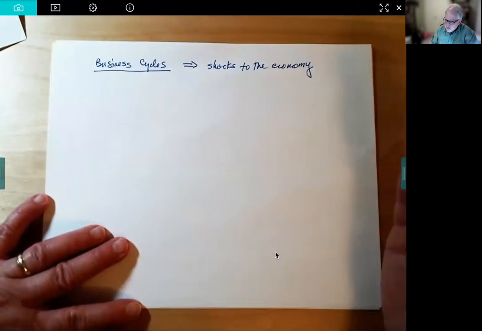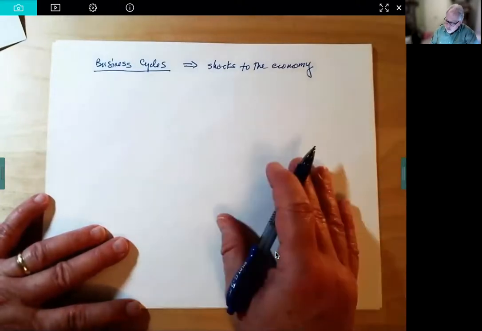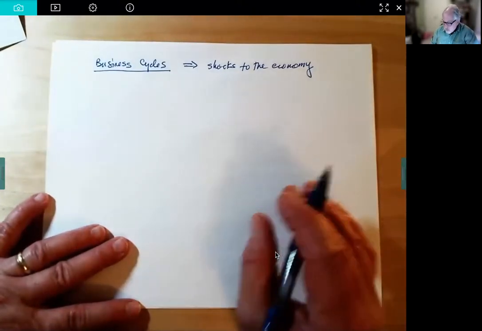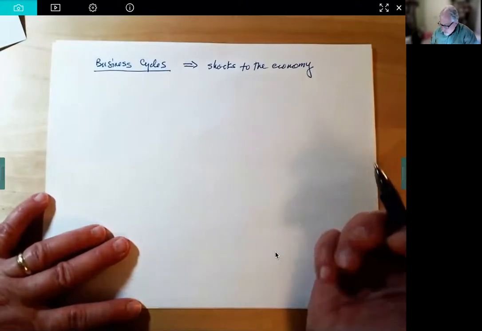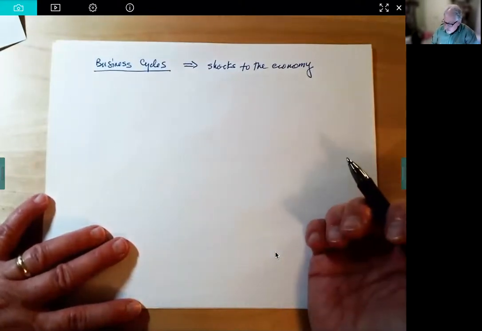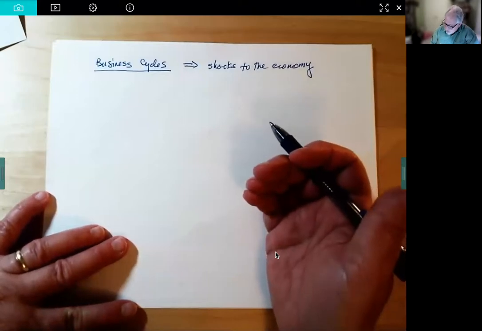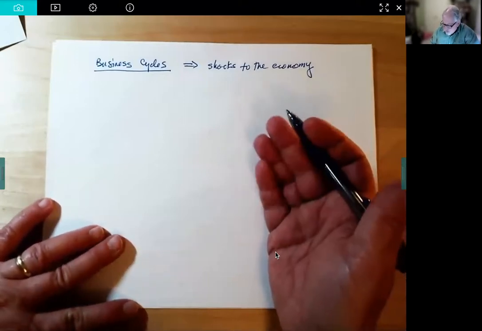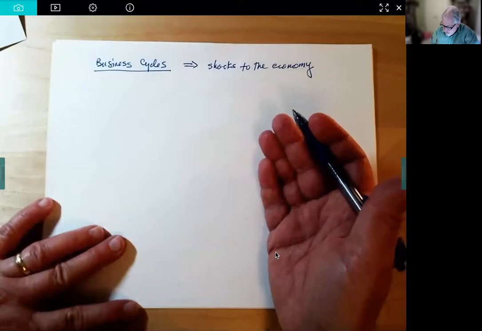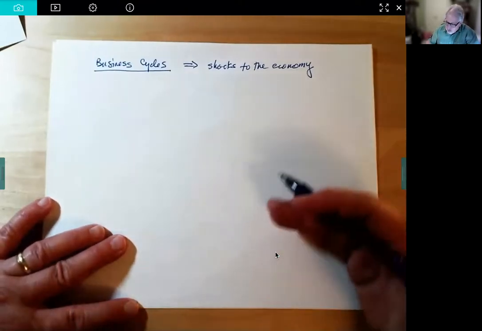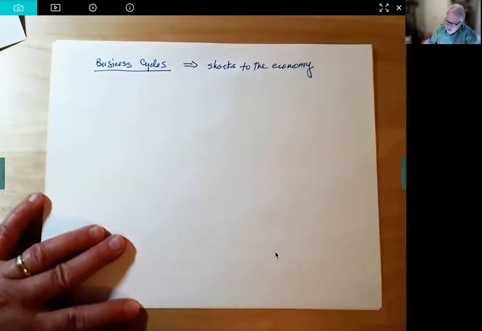Because anything that shifts the production function will shift labor demand. So labor demand, labor supply, the labor market, and the production function, the amount of capital, technology, education, things like that, along with the amount of labor, amount of employment, determine the level of real GDP in the economy. And those are the things that cause real GDP, the full employment level of real GDP, to change over time.